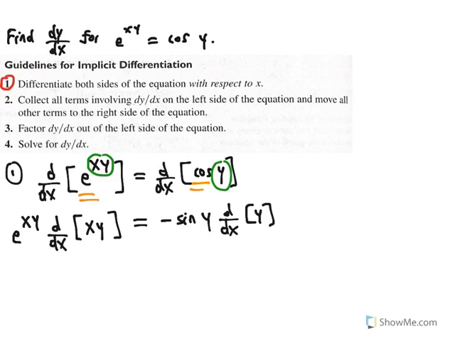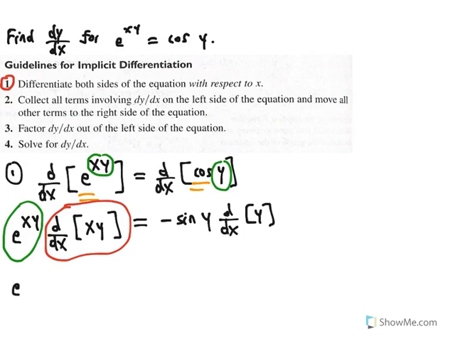So now for our next line, we will go ahead and find this derivative using the product rule. And one thing for you to understand is e to the xy is being multiplied by the derivative of the product xy. And the derivative of the product xy will have two terms.